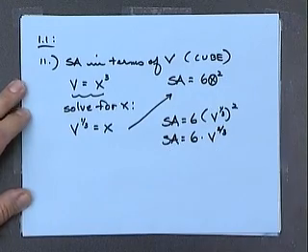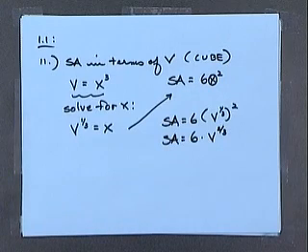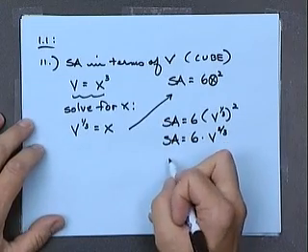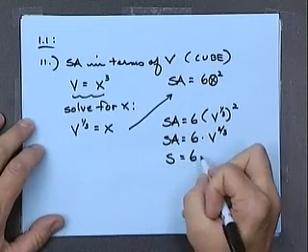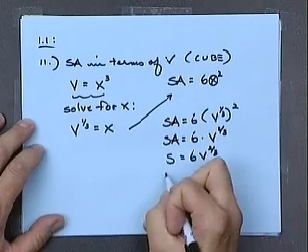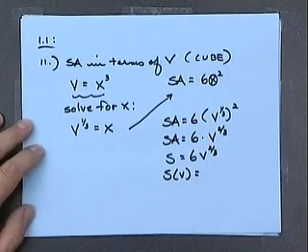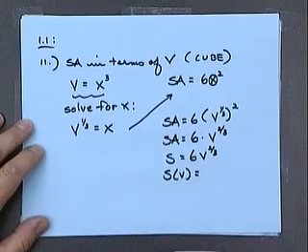So we have a surface area function. If it bothers you that it's SA, then just call it S, surface area. And if you want to write it as a function, S of v. It is a surface area function in terms of the variable v.